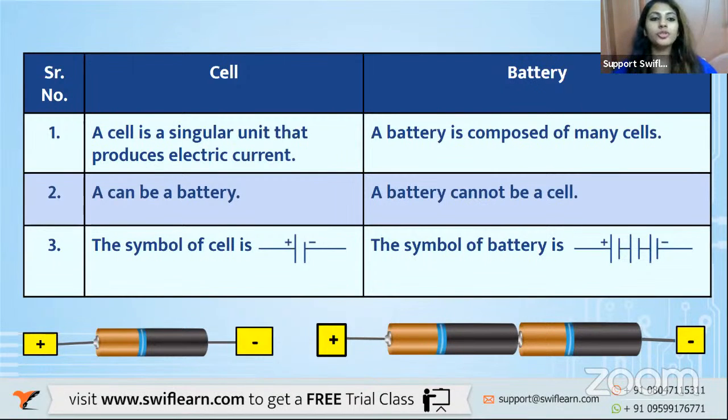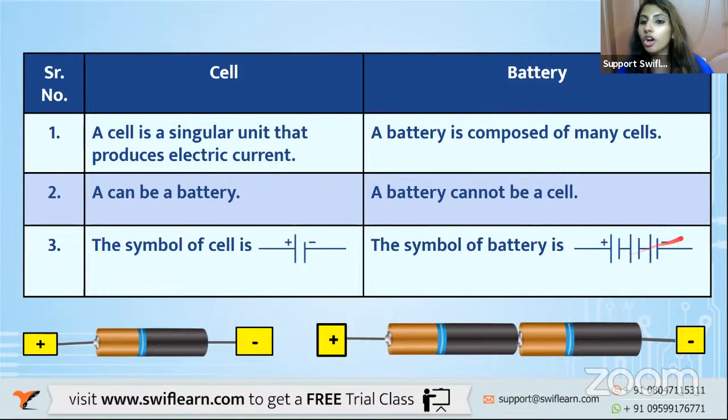Understood? So the symbol of a cell is just one cell, a single unit, with one positive terminal and one negative terminal. That is how we show the cell. And the battery is a group of cells combined and joined together. This is one unit of cell, this is another unit, and this is another unit.